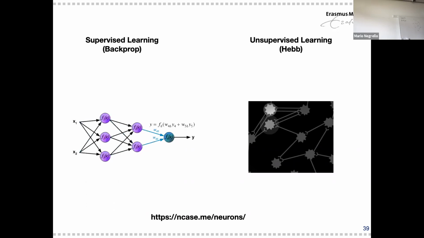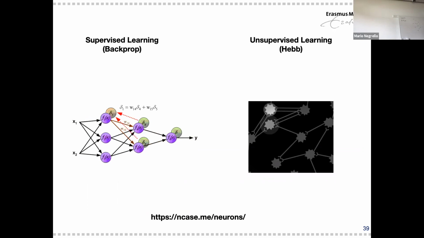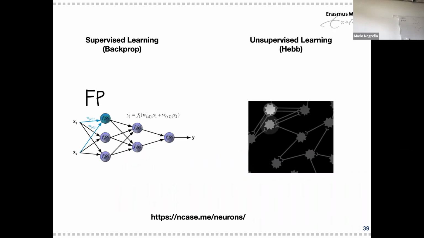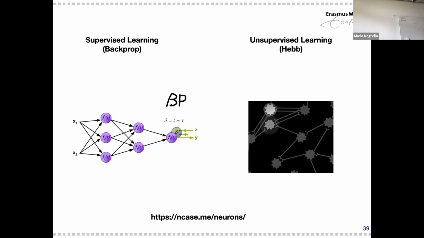This is for supervised learning. In unsupervised learning, networks change by themselves. And we need to have local rules where individual neurons only know what they receive, and the synapses, the connections between the neurons, change as a function of what they listen to. Hebbian learning, for those of you that studied psychology, is an unsupervised learning method.